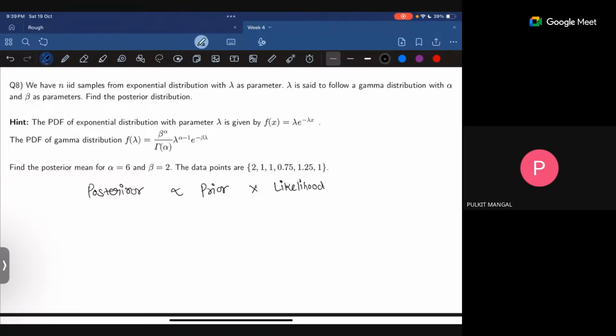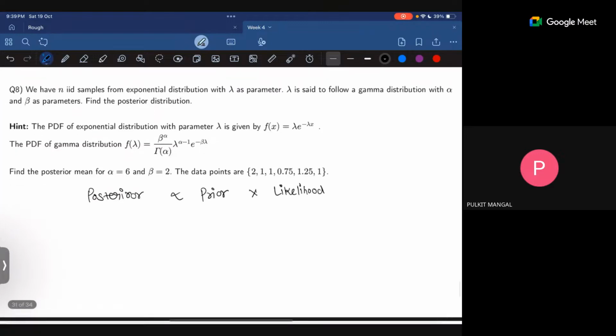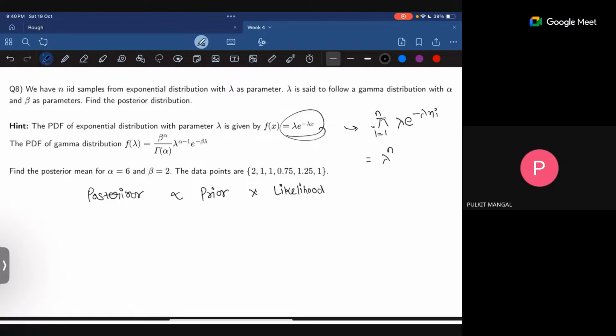The likelihood for the exponential would be the product over xi, so that would become lambda power n, e power minus lambda summation from i equal to 1 to n xi.